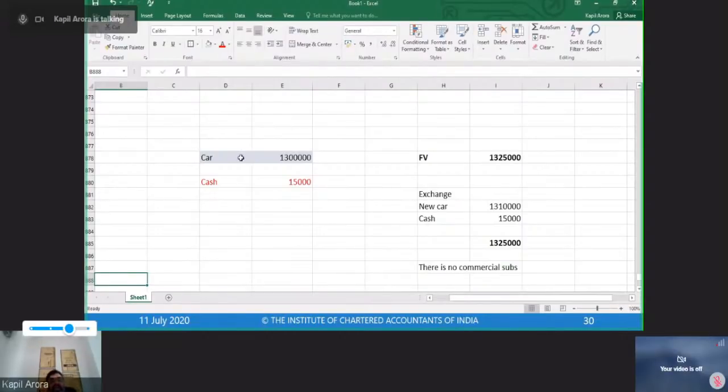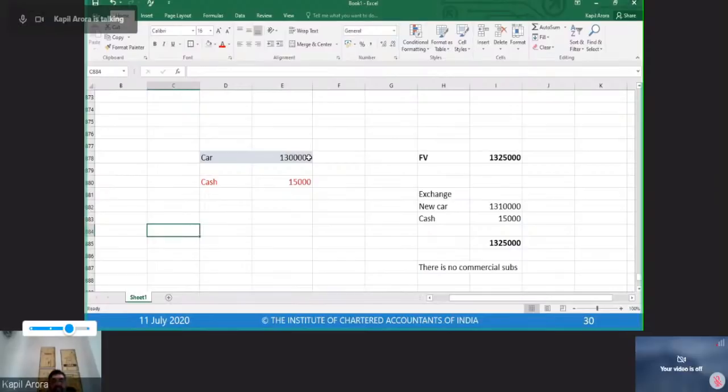If the transaction lacks commercial substance, the value should be 13 lakh only. But if the transaction doesn't lack commercial substance, what would happen? Then Ankit, as you mentioned, what will happen?